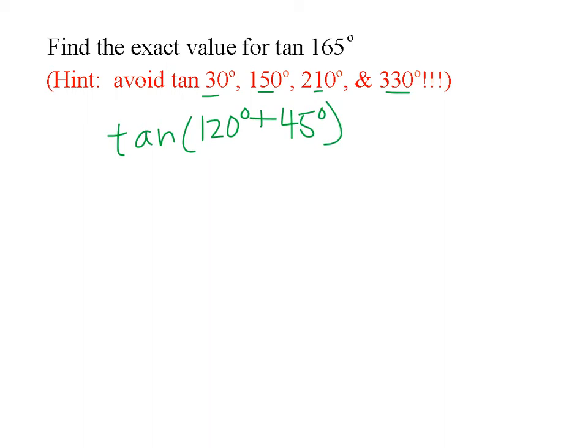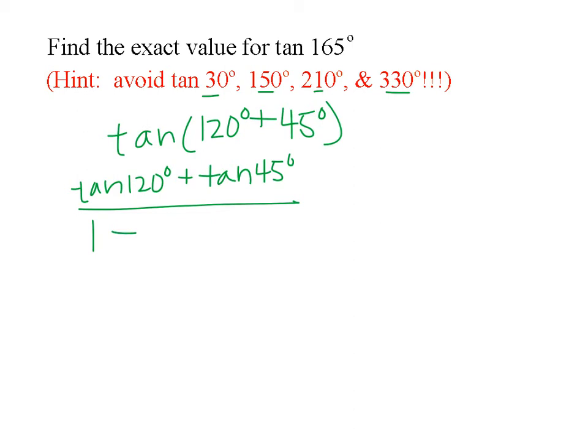And then our identity for tangent is tan plus tan over 1. Flip the sign, tan, tan, you're done. So tan of 120 plus tan of 45 over 1 minus, that's the flip the sign, tan 120 times tan 45.